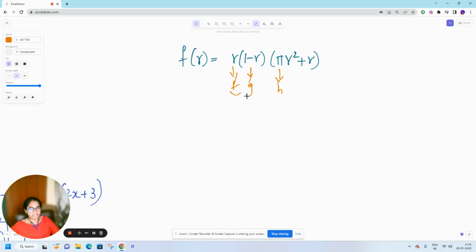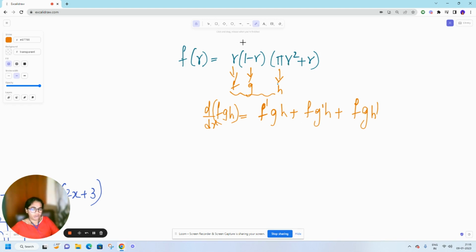If you have three functions, the formula is, suppose I would have to find f g h, then the formula is f dash g h plus f g dash h plus f g h dash. Okay, so what does this mean? Find the derivative of each term in each step and keep the other terms as it is.